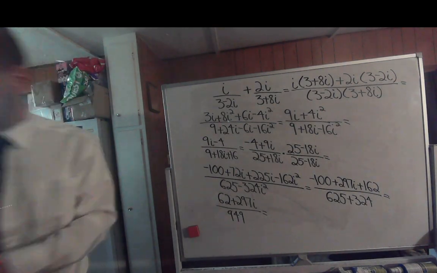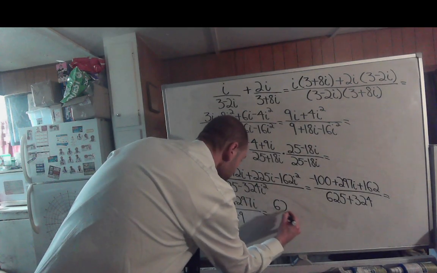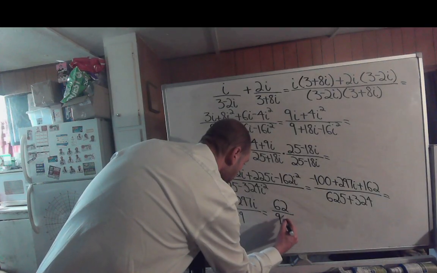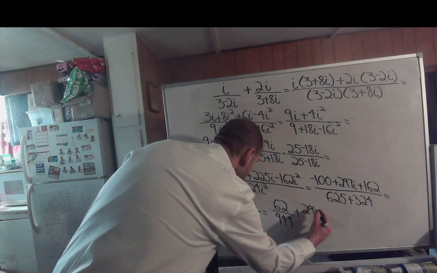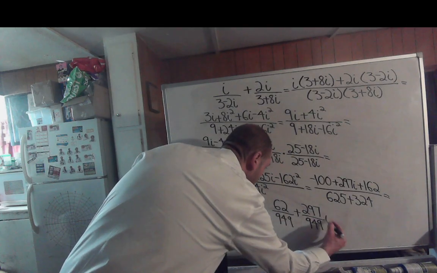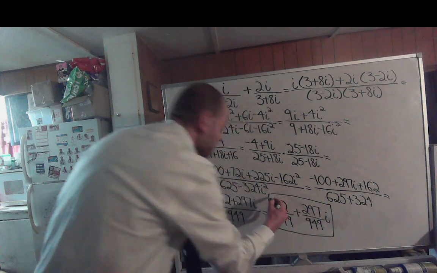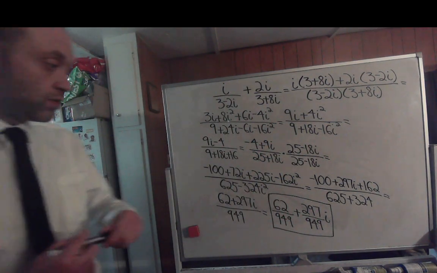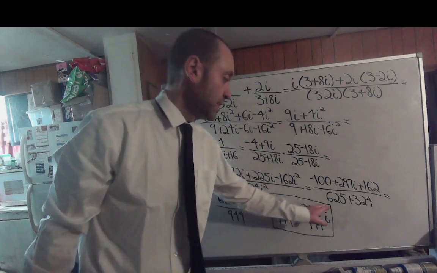I don't think they do, so we're looking at the truly awful 62 over 949 plus 297 over 949i. That would be your final answer in simplest form. 62 over 949 plus 297 over 949i.